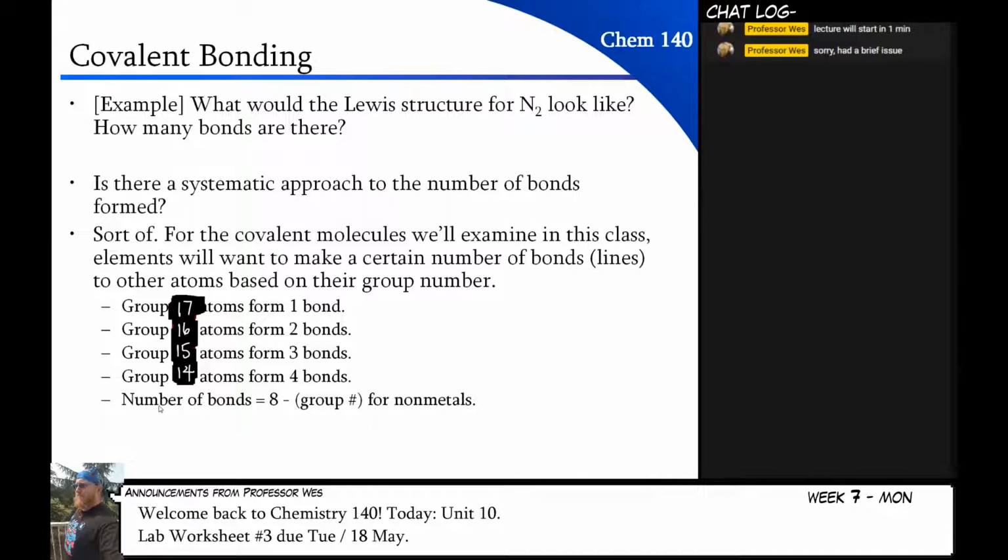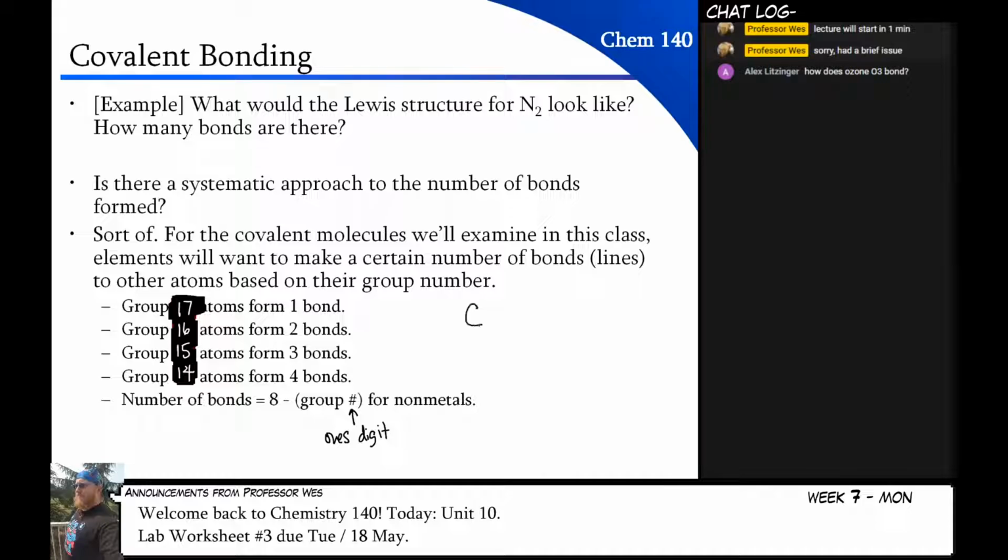All right. So if I'm using the P table, the number of bonds that form around an atom usually conforms to this pattern.